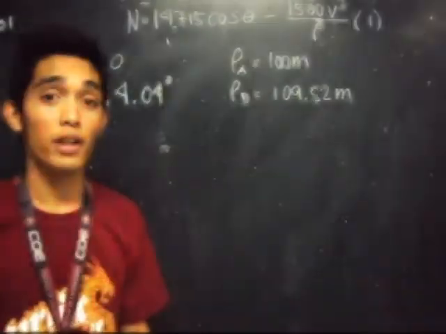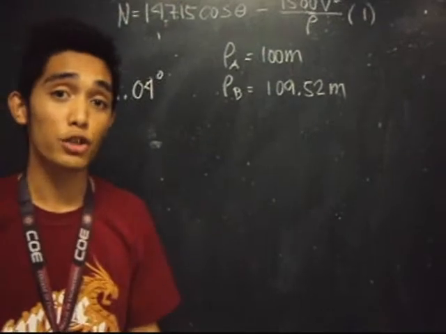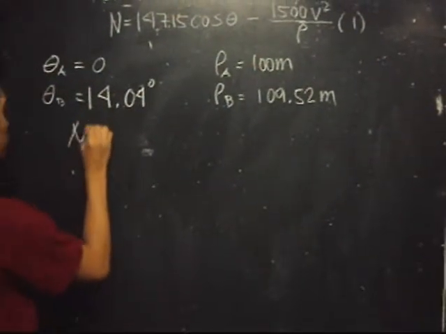Now, since the car is required to just about lose contact at point A, we assume that our normal force at point A is equal to 0.